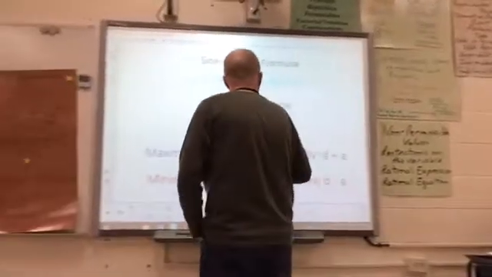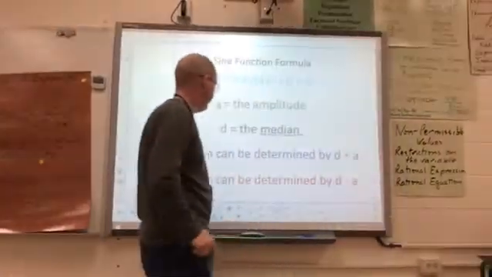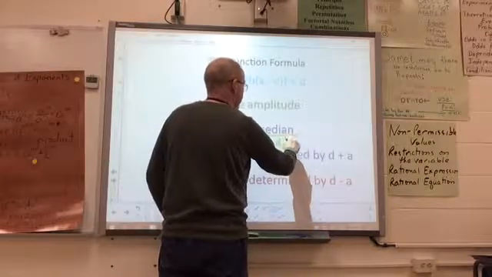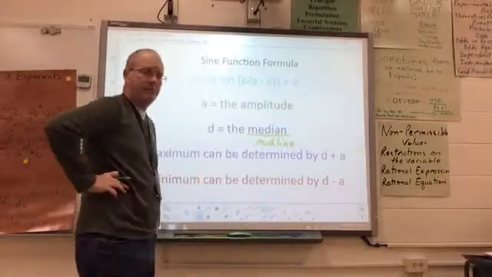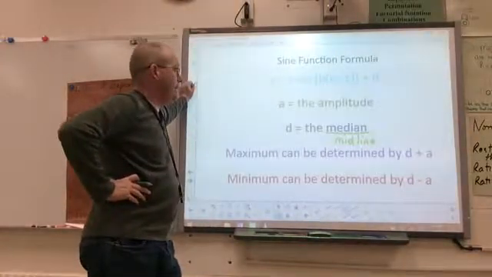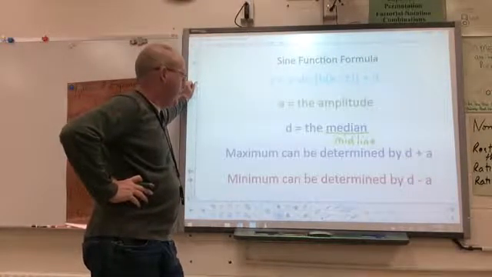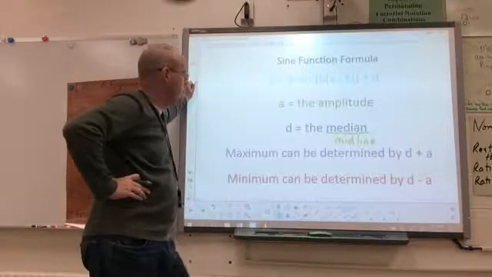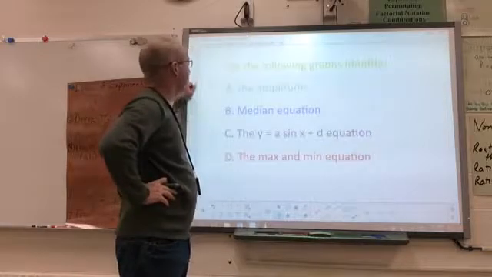D is the median or midline. The fancy name is median or average. The maximum is D plus A, and the minimum is D minus A. Okay?